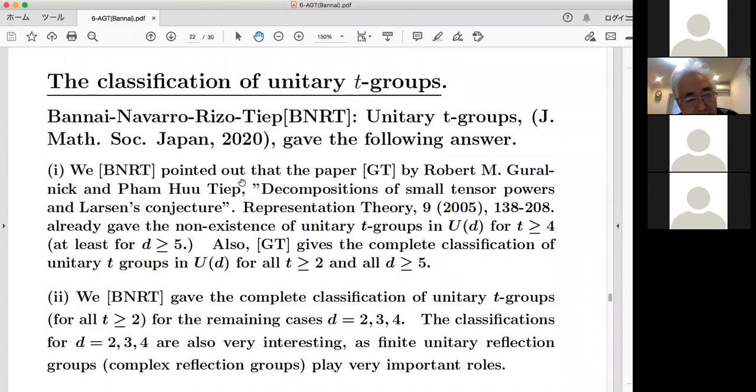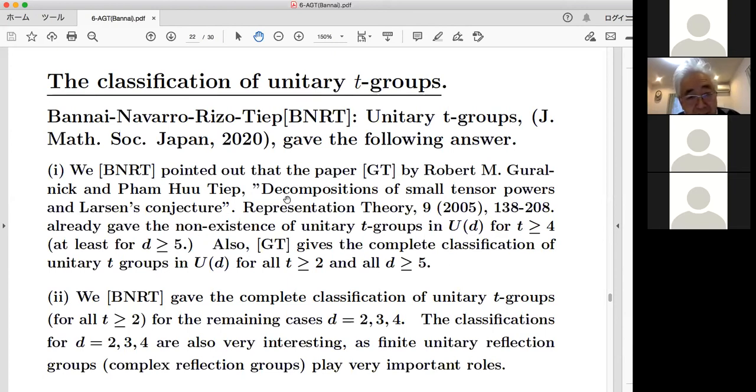And we pointed out that the paper by Guralnick and Tiep, whose title is Decompositions of Small Tensor Powers and Larsen's Conjecture, published in Representation Theory in 2005, already gave the non-existence of unitary T groups for T at least 4 and D at least 5.